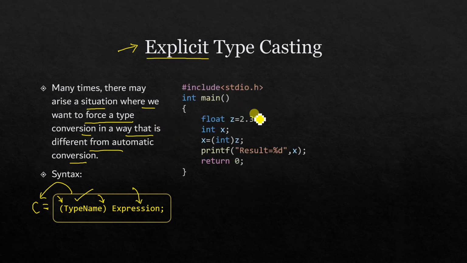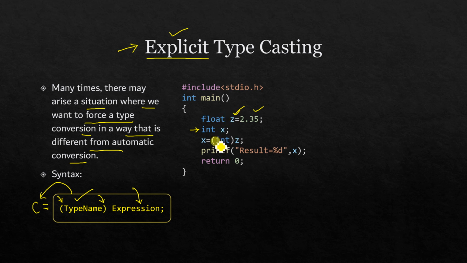The first example is the same one I took in implicit typecasting. You can see I have written float z = 2.35. This is a float variable and I am assigning a float number, 2.35. In the next line I have written int x, and I am trying to assign z to x, but I want to perform explicit typecasting.